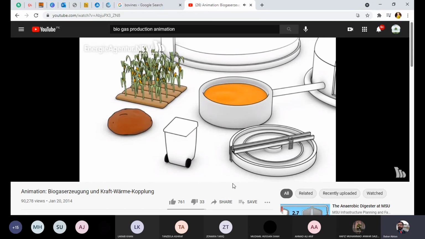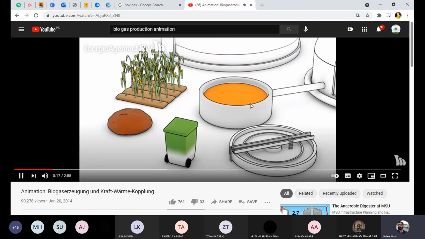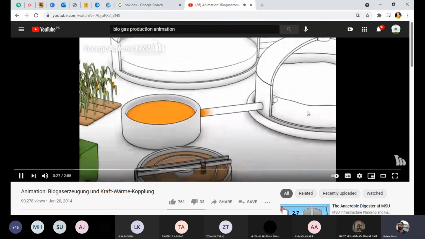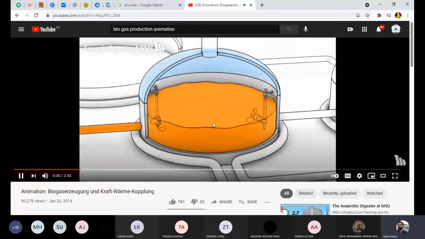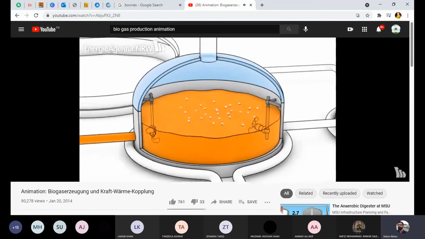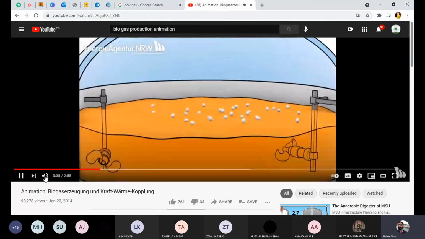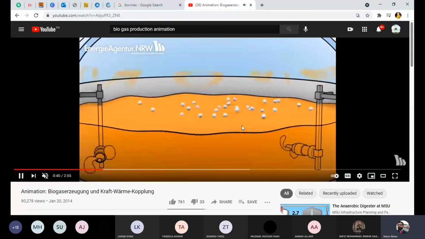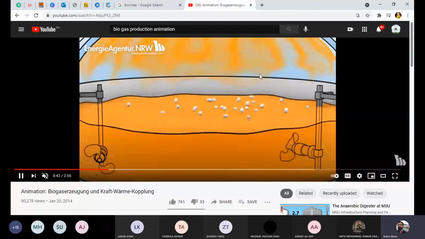The basic process of making the slurry, with the waste in the reactor, and mechanical processes further homogenize the waste, and then the biogas is produced.